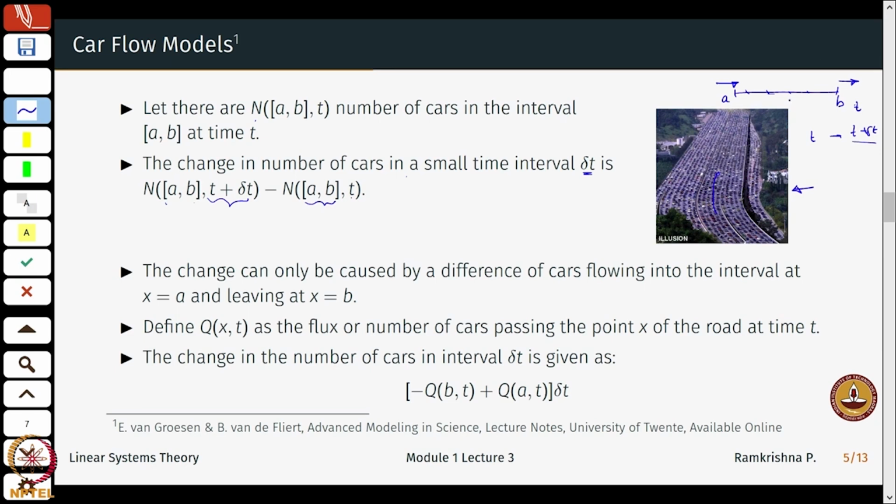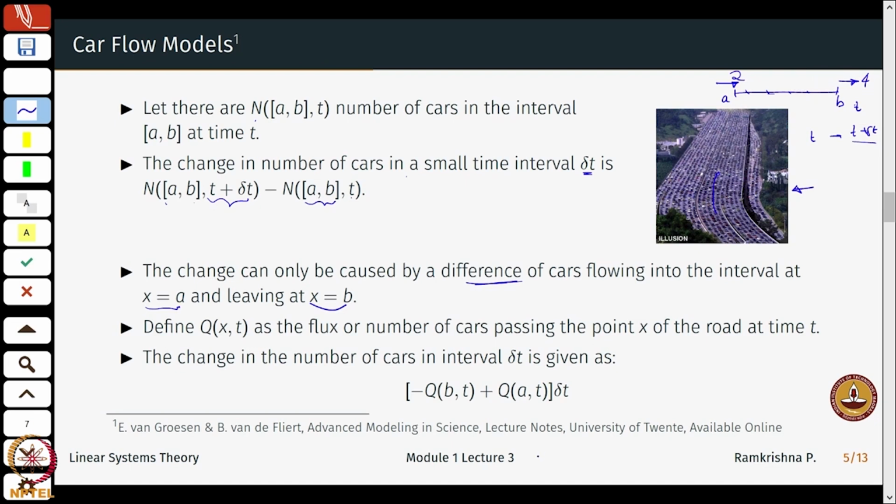So, one is entering, the other is leaving, and the change from t to t plus delta t will again be 0. The change will happen only when there is a difference between the cars flowing into the interval at x equal to a and leaving at x equal to b. Say 2 cars enter at a and 4 cars leave at b, then there is a change. Kind of obvious. Okay.